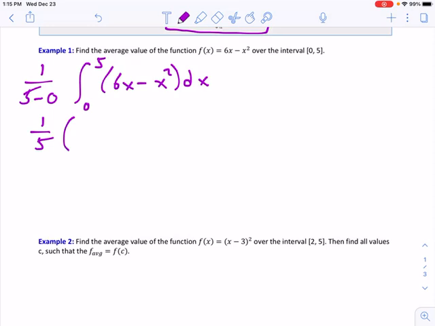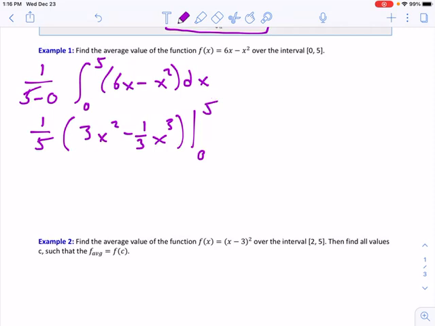And then integrating using the power rule, 6x becomes 6x squared over 2, which is 3x squared, minus x cubed divided by 3, or minus 1/3 x cubed. And that's being evaluated from 0 to 5.